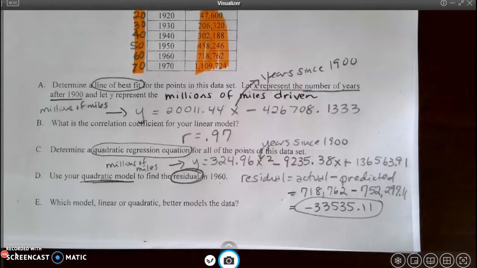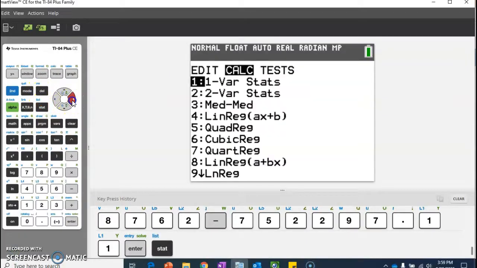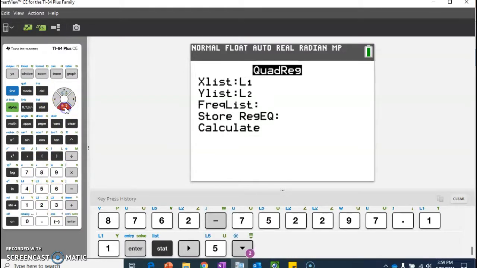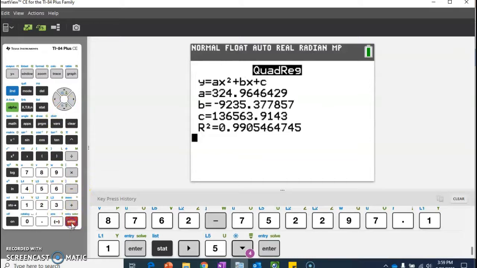Then the question says, which model, linear or quadratic, better models the data? All right, so I'm going to need to go back to my calculator. And when I was at Stat and Calc for my quadratic regression, I remember that there is not an r, there's not a correlation coefficient, but there is an r squared, and it's 0.99 for the quadratic. So I'm going to check the linear model, and you have to compare it to the same thing.